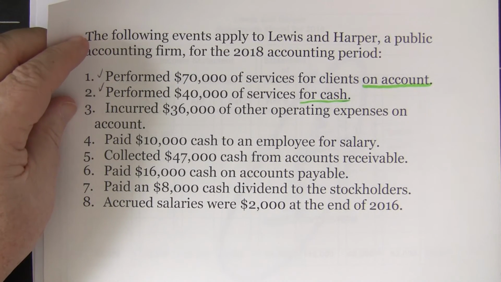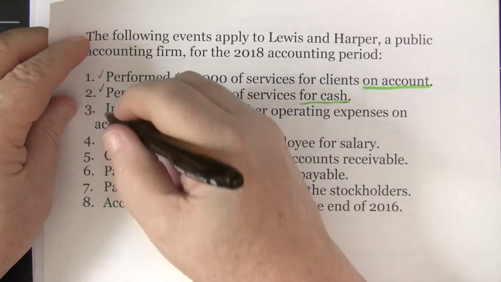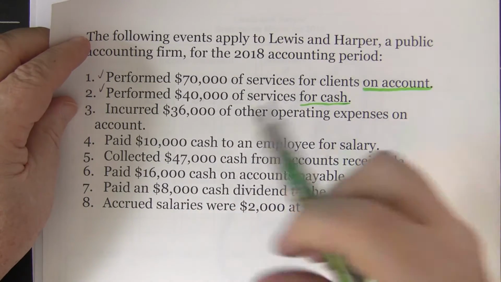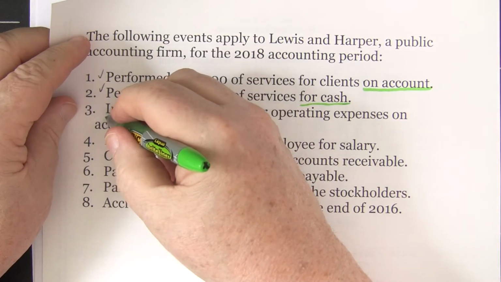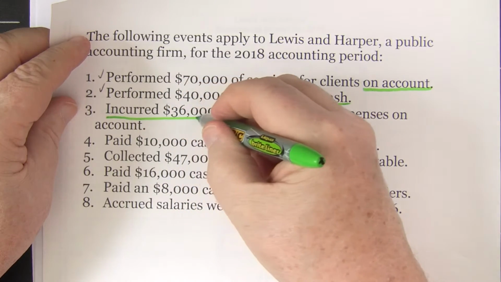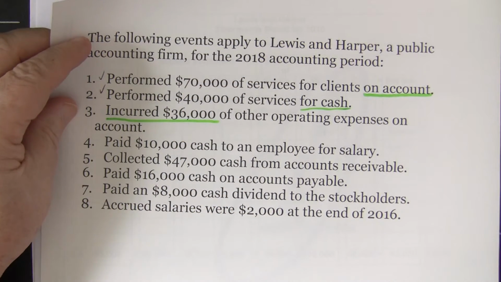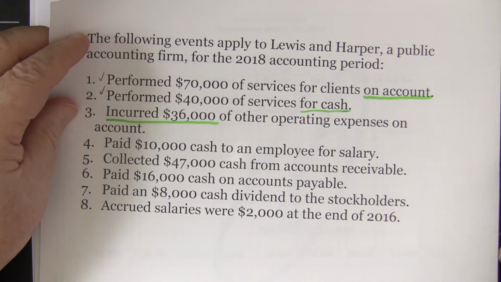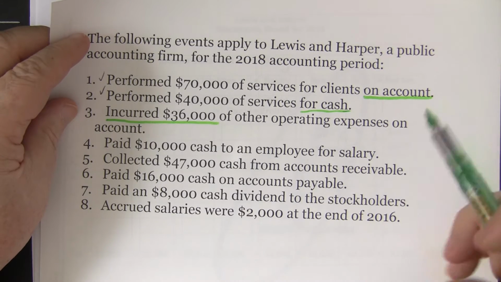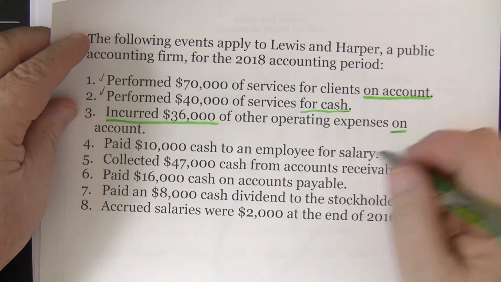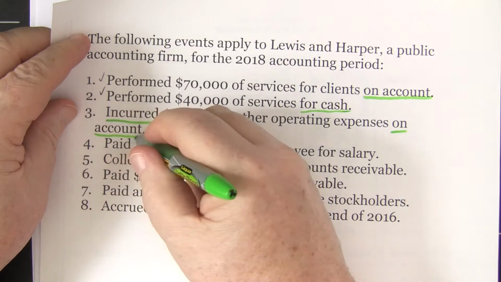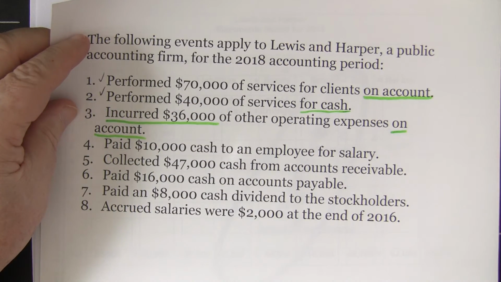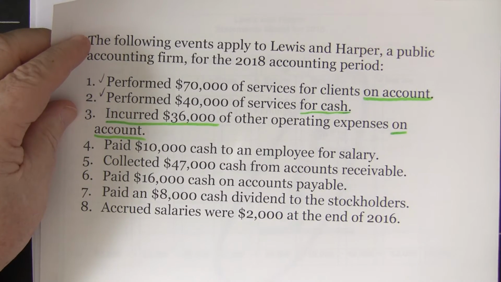So let's see, we've done this one, we've done this one. Well, I told you there's expenses coming. Incurred means we owe. It means we signed a contract. It means we agreed to pay. So these were incurred and these were on account. So we agreed to pay, but we haven't paid.